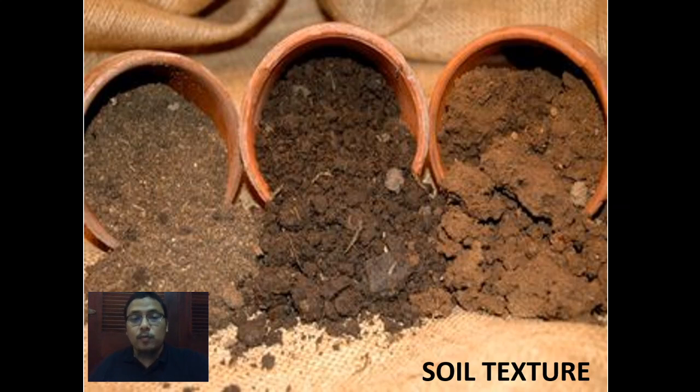Historically, soil texture was a term used to describe the workability of an agricultural soil. A heavy clay soil required more effort to till than a lighter sandy loam.